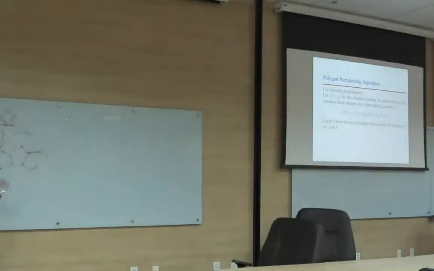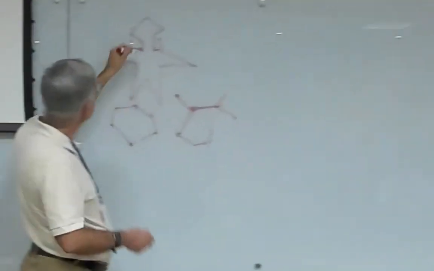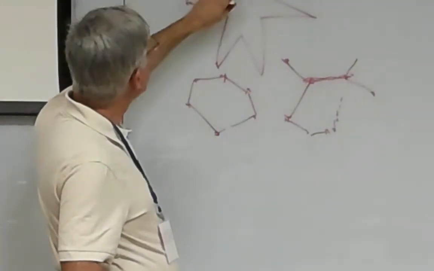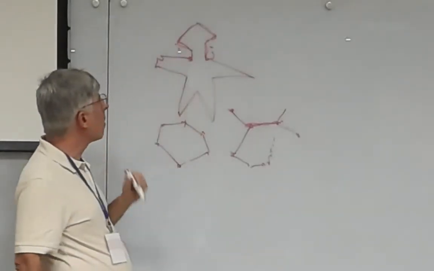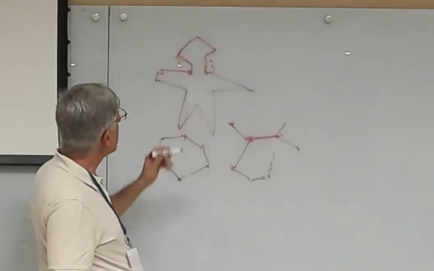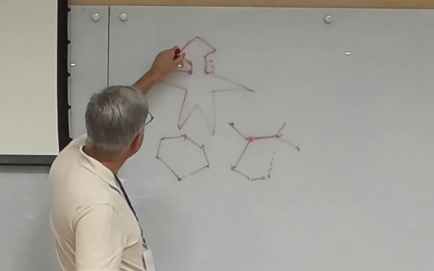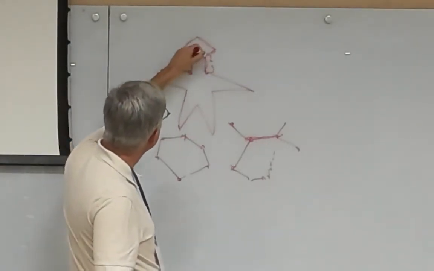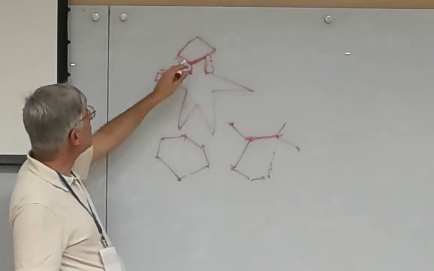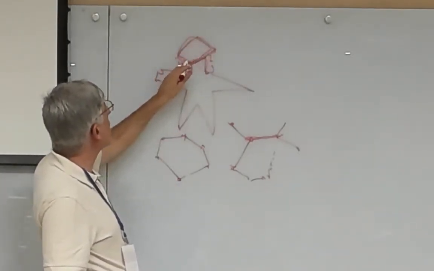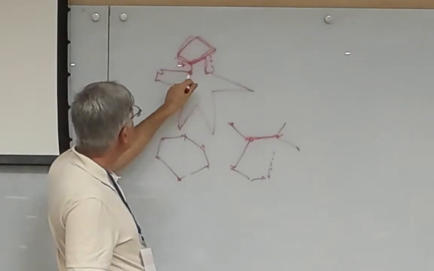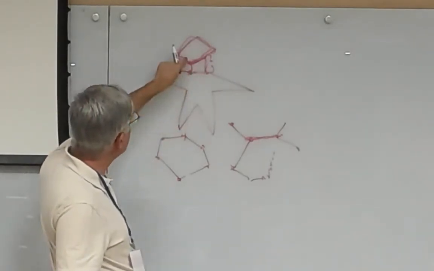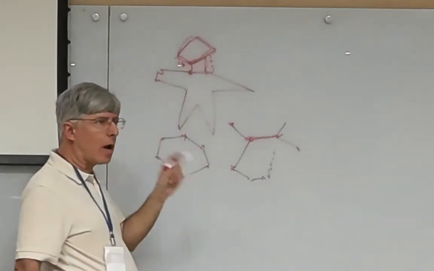If it wasn't a convex polygon before, adding this chord, well, what do I know? If I want to know the smallest number of pieces from this chord, what do I know? There had to be a place where there was an I and a J, an X and a Y, such that I know the smallest number of ways of breaking this up, and the piece from I to this and J to this is convex.